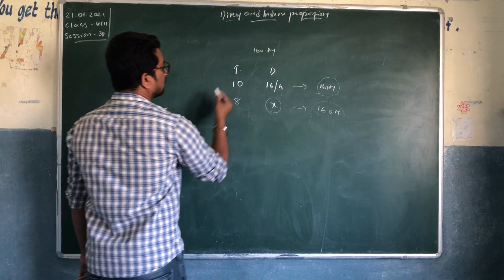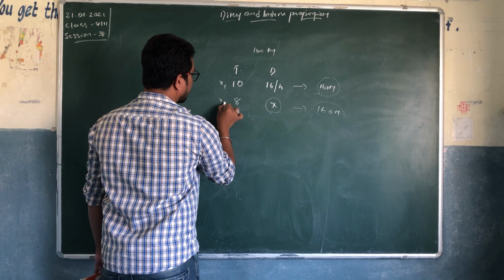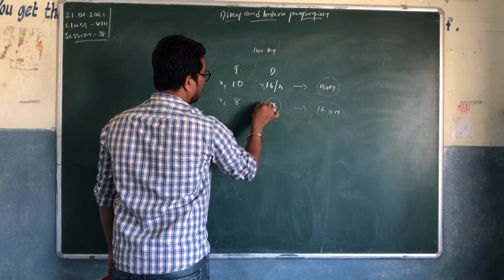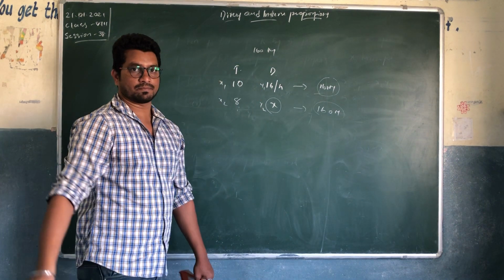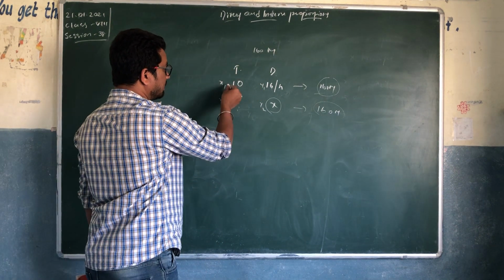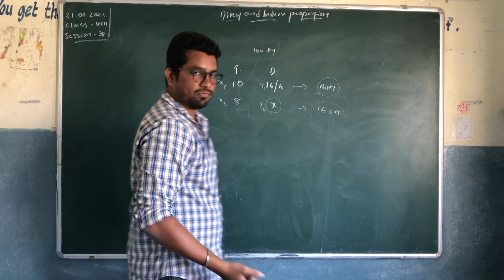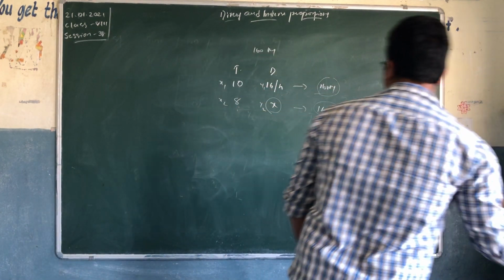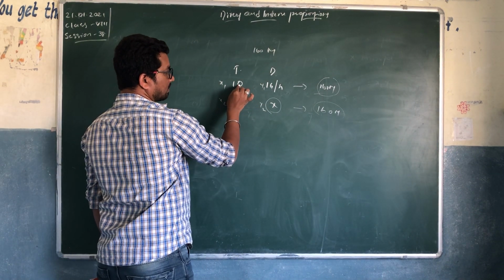Simple again. This is the time, this is the distance, x1, x2, y1 and y2. Every problem is easy if you write like this. Time is x1 and x2, distance is y1 and y2. And you will be having the formula, as you know, inverse proportional.